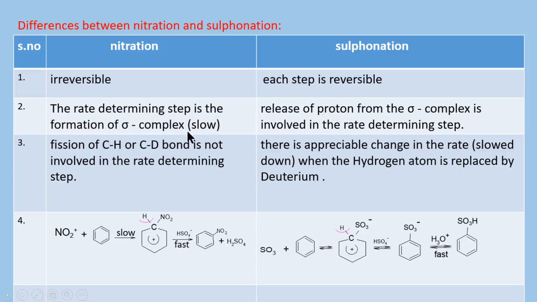In the slow step, the fission of the C-H or C-D bond is not involved in the rate determining step, but there is an appreciable change in the rate: the reaction is slowed down when the hydrogen atom is replaced by deuterium. So these are the differences between nitration and sulfonation.